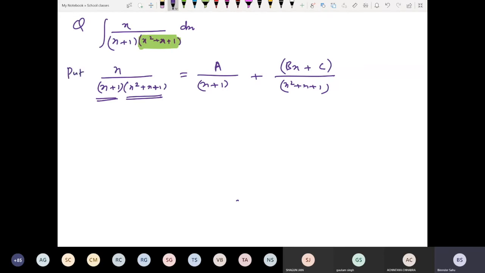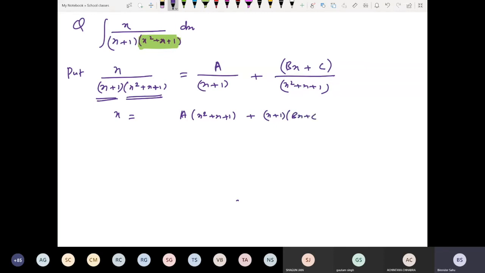Okay, now what to do? Just find the value of a, b and c. Try to find the value of a, b, c. See what we can do, just taking LCM.